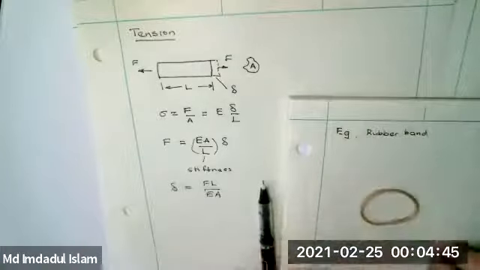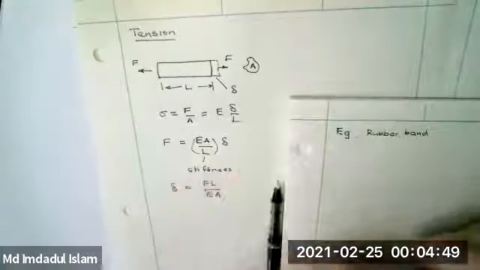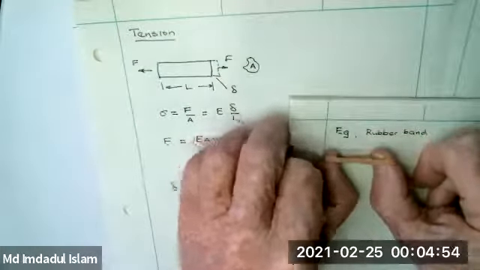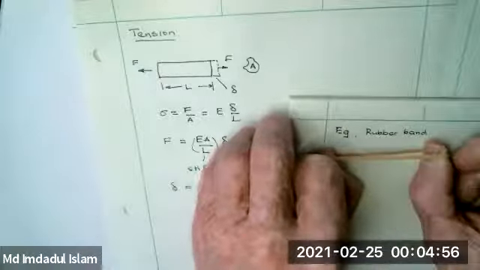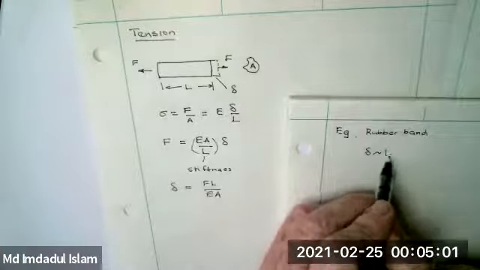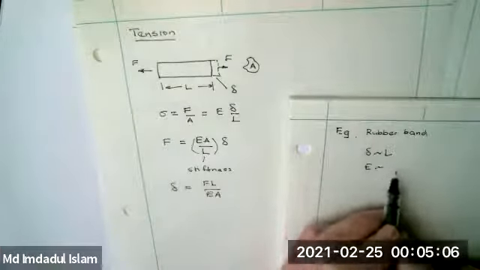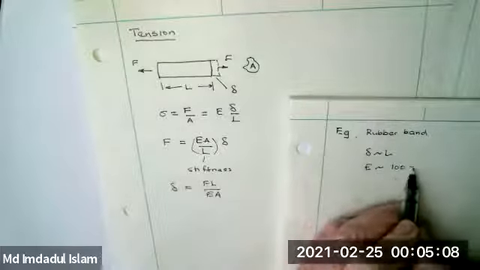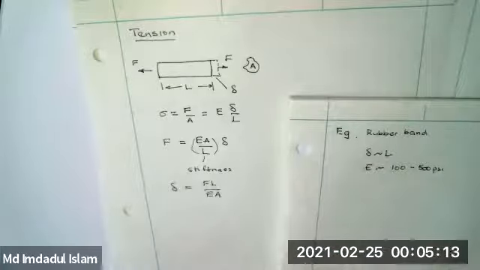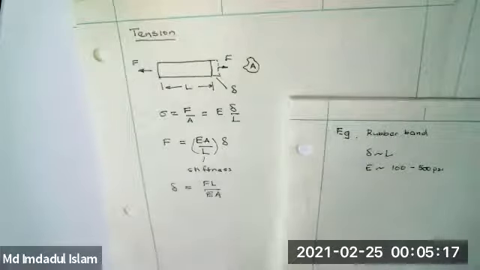So if I pull this rubber band, okay, you can see it there. Okay, if I pull it with just a few pounds, I double the length. So easily. That's because it's got a low Young's modulus, and so it doesn't take too much. This area is pretty small.